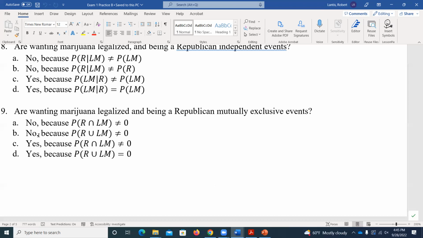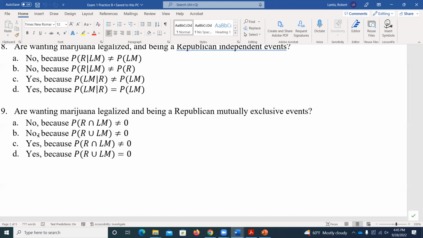Then from there, does C make any sense? Well, if the answer was yes, they're mutually exclusive, then the intersection would have to be equal to 0. So saying yes, they're mutually exclusive because the intersection isn't 0, that one doesn't make any sense at all. So we're able to rule out every single answer except for A without even looking at that chart to see if the intersection was 0.